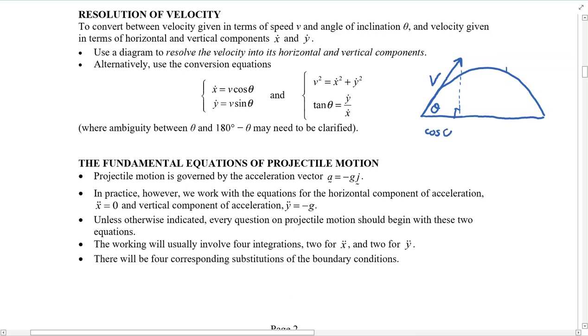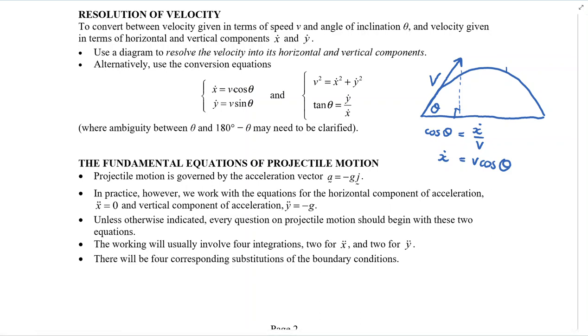Cos theta equals x over the hypotenuse, so it's adjacent over hypotenuse, x being the x direction. So the x velocity would be v times cos theta, and that's this formula that you have over on the list over there. And you do the same thing for the y direction.